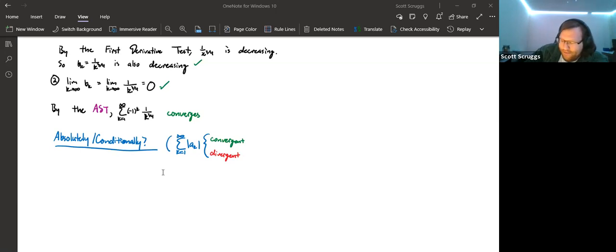If a convergent series stays convergent when you take the absolute value of each term, then I say that the series is absolutely convergent.